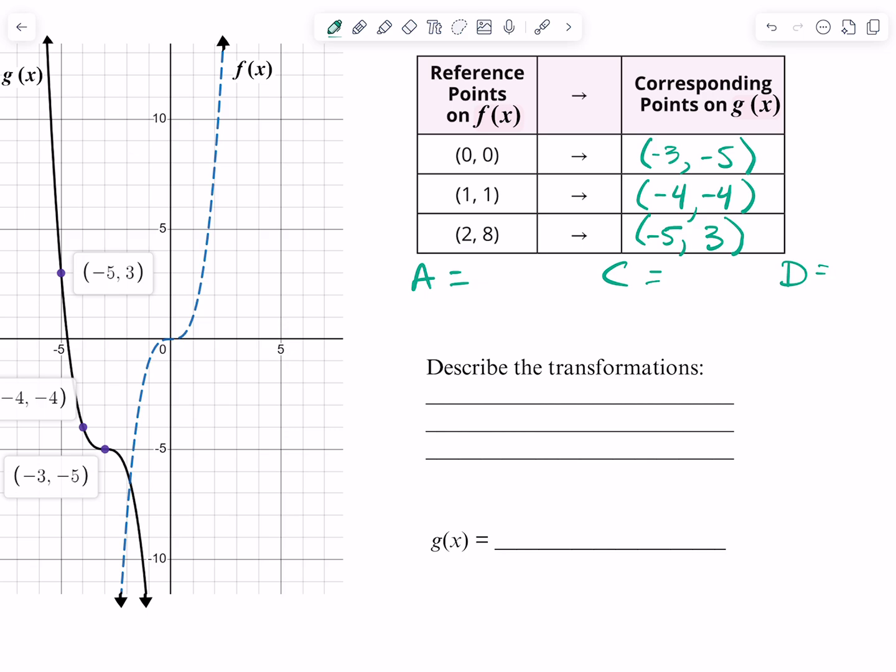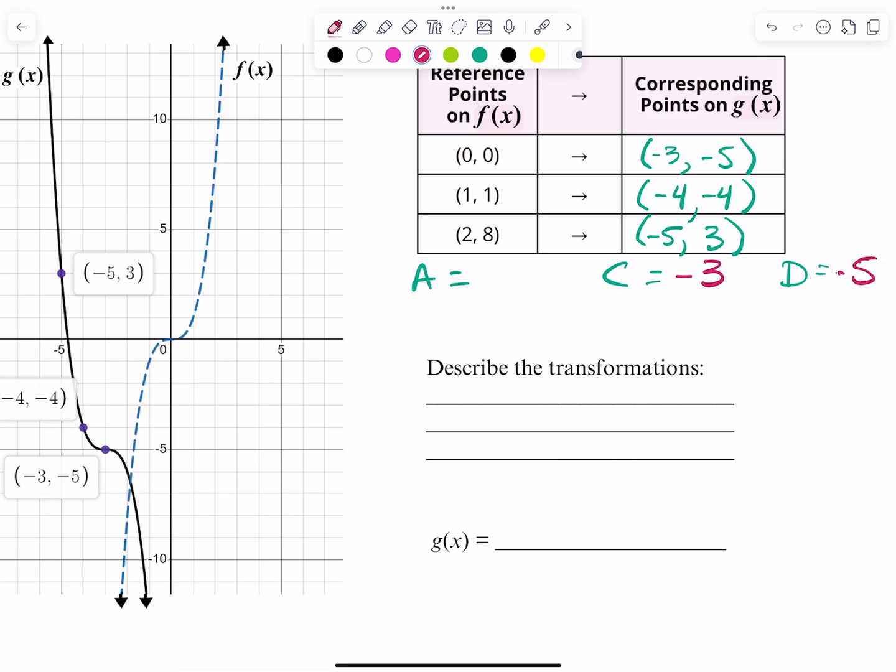What is the C value for this problem? -3. What is the D value? -5. So I know this graph goes 3 left, 5 down.